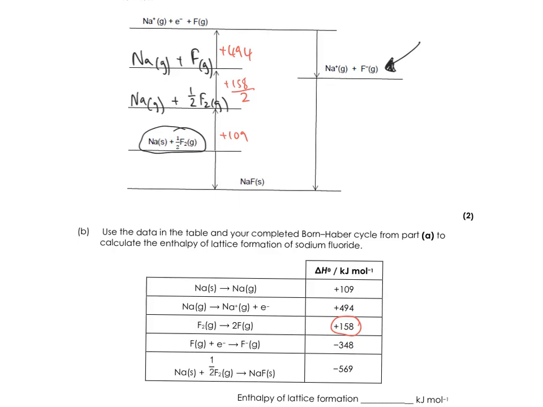Then you've got the electron affinity of fluorine, so you've got minus 348, and then you've got the formation enthalpy of the sodium fluoride, which is minus 569. So you're trying to work out this value here in the question.